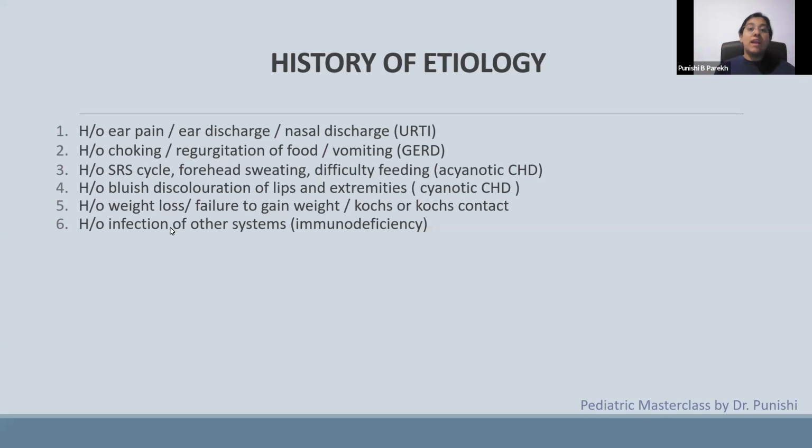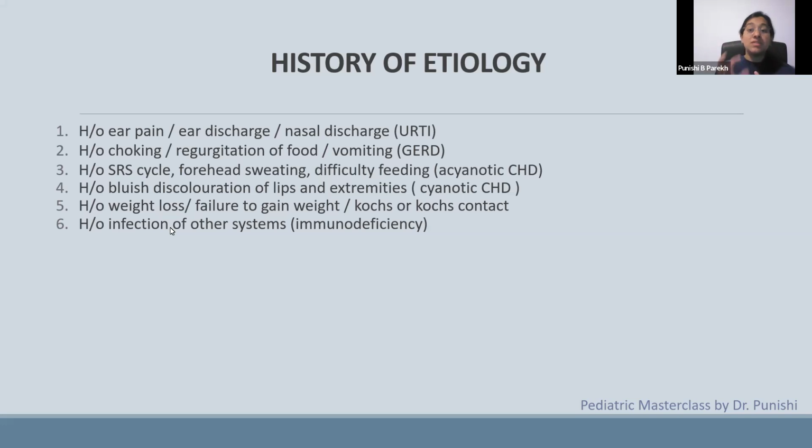Okay, so let's say the child has an underlying heart disease, whether cyanotic or acyanotic. If we go back to the discussion of an acyanotic congenital heart disease in the previous class, we saw why they are at a higher risk of having recurrent respiratory tract infections. So, how do you ask for history of probably an underlying acyanotic CHD? History of suck cycle, forehead sweating, difficulty feeding, decreased urine output?